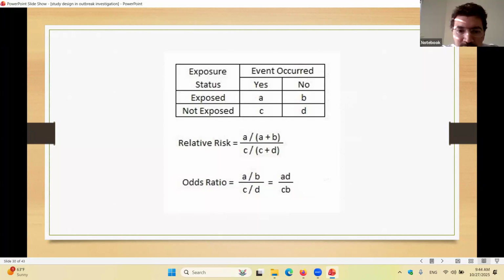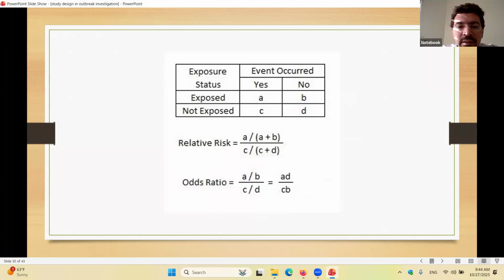But in odds ratio, you compare two odds, not two probabilities. When you say A per A plus B, it is a probability.